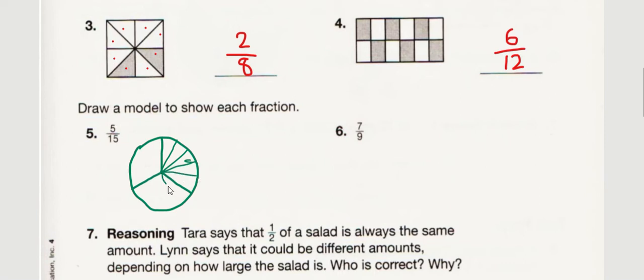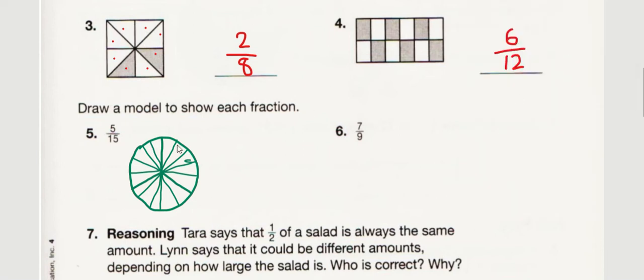Yes, again, here we have 1, 2, 3, 4, and 5. And the last one, 1, 2, 3, 4, and 5. Okay, now how many parts are we going to shade?